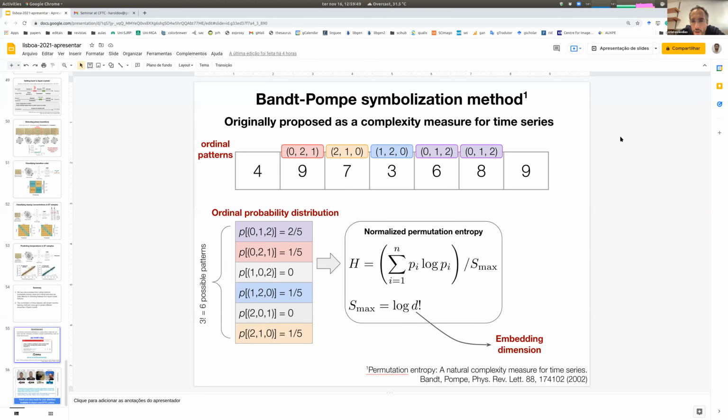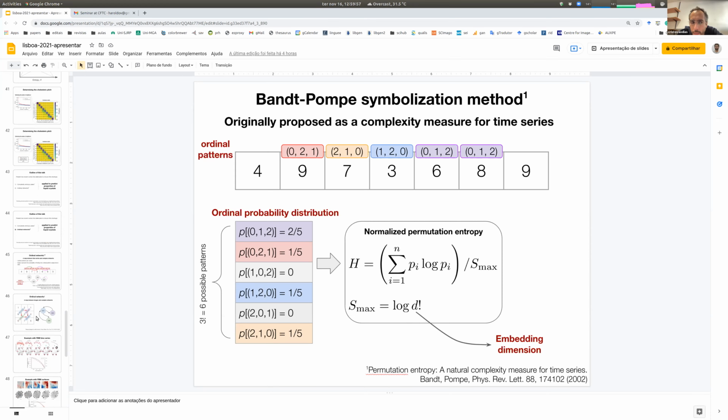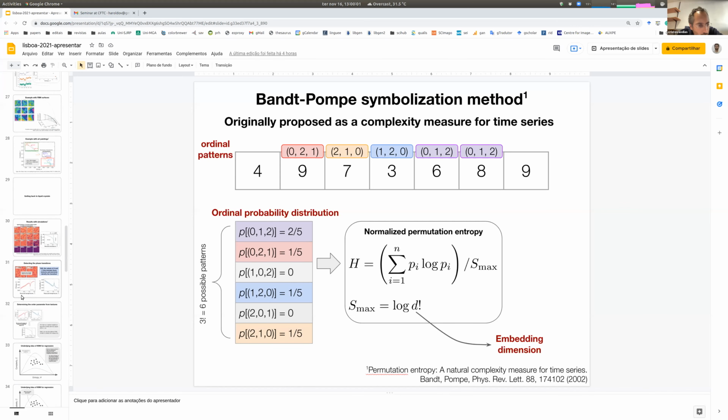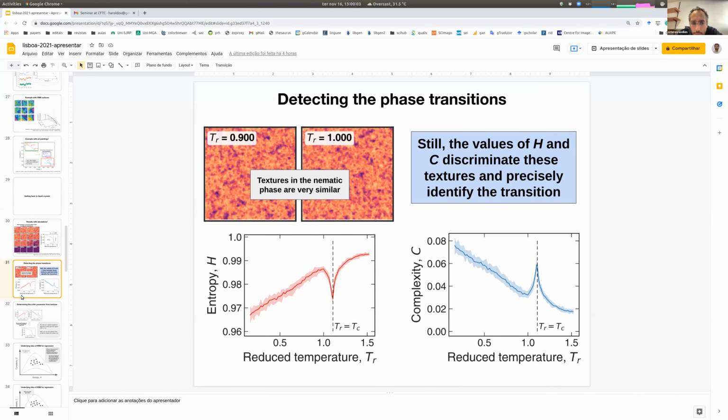So, Haroldo, in the transition from nematic to isotropic, when you see the plot of the entropy and the complexity as a function of the reduced temperature, the error of the entropy and the complexity decrease a lot on the peak region.